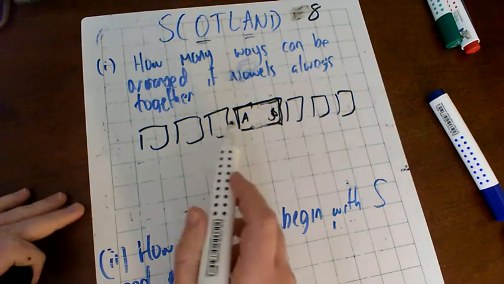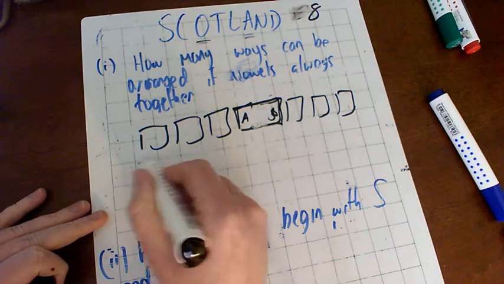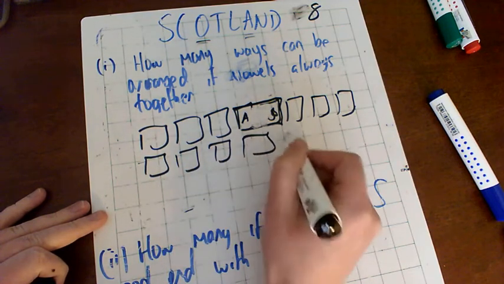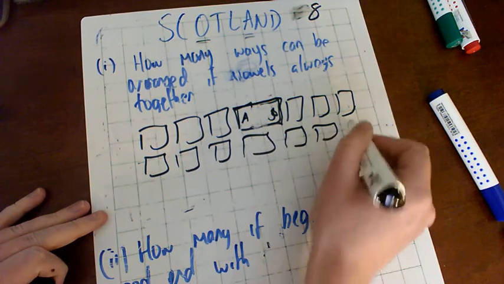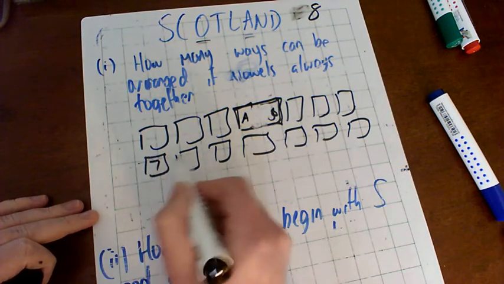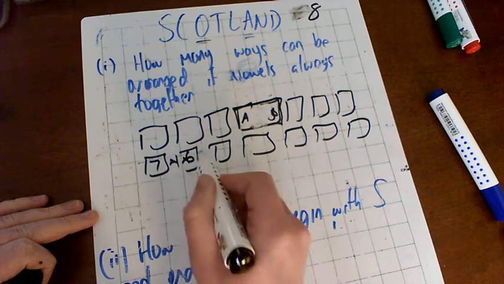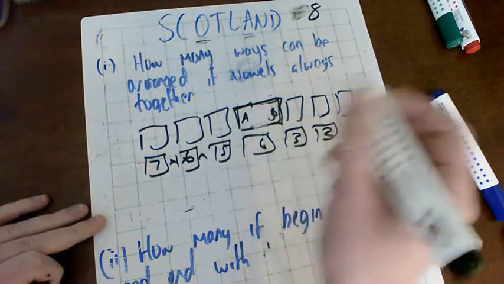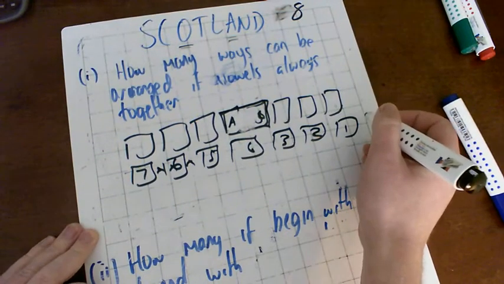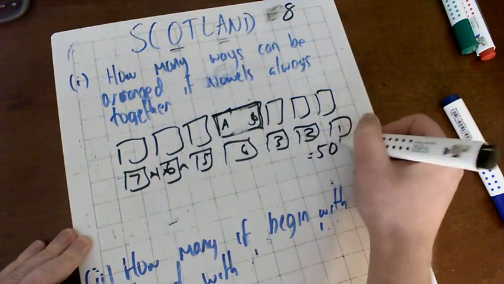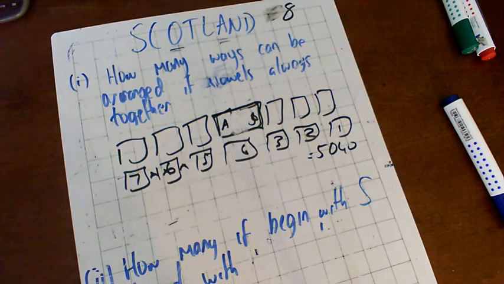So in fact, there's only 7 boxes there. 1, 2, 3, a big box, 4, 5, 6, 7. And this box can be anywhere, by the way. So it's actually 7 by 6 by 5 by 4 by 3 by 2 by 1. So that's 7 factorial, which is 5,040 ways. Now, not quite finished with that one.